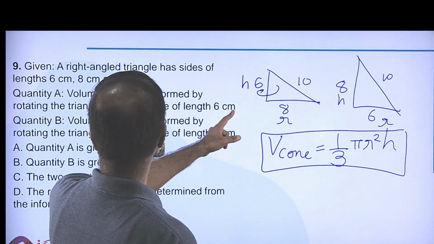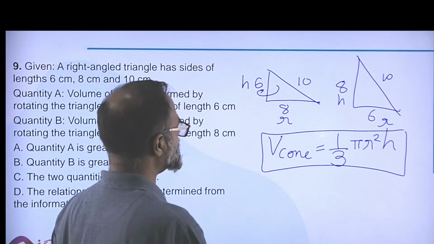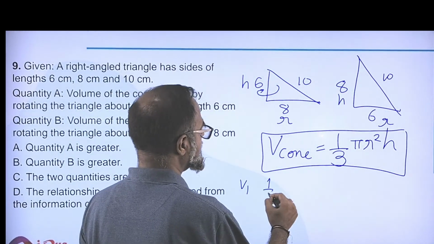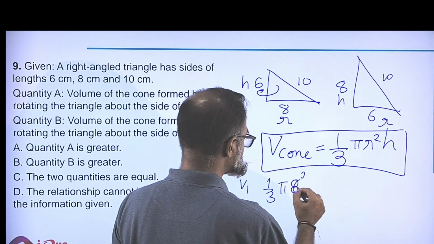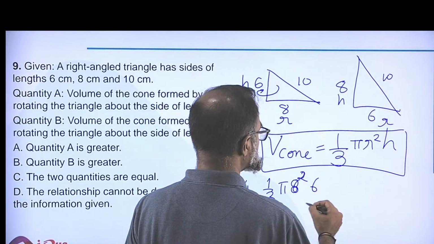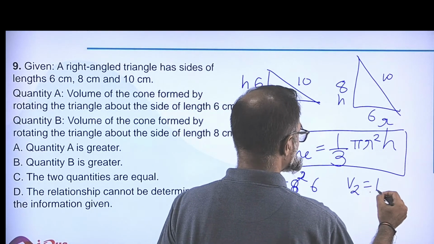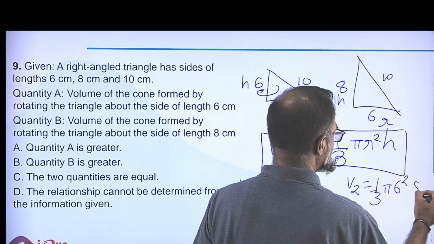So first case, when the volume is formed by rotating about length 6. So volume 1 will be 1/3 pi r square, which is 8 square, and you have to be careful, right? R square into h. Volume 2 is 1/3 pi, radius is 6 square into 8.